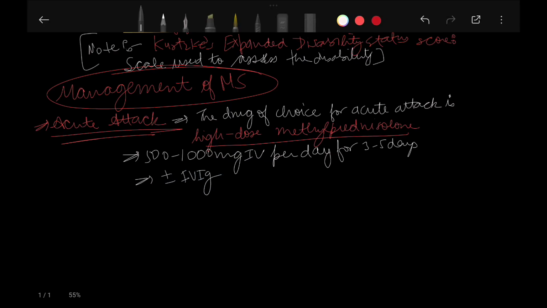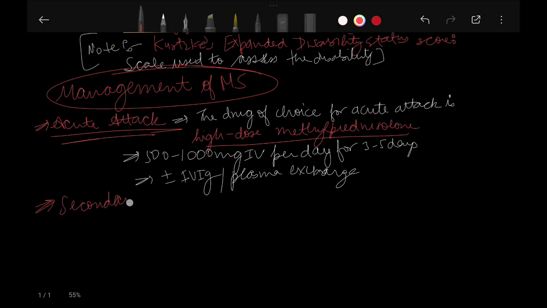IVIG, intravenous immunoglobulin, or plasma exchange, can be given or can be left out. This was the primary, acute attack.